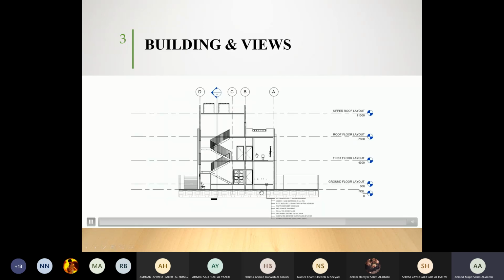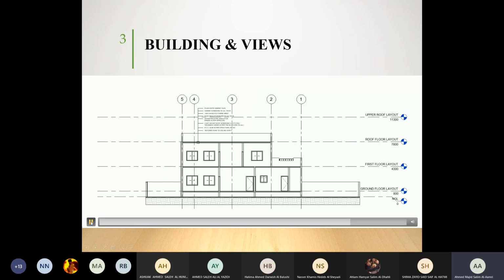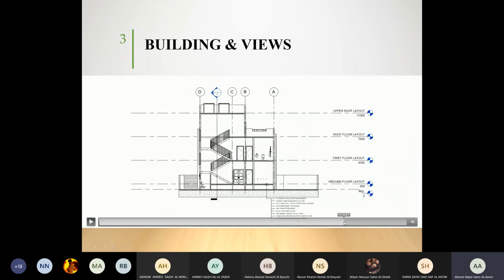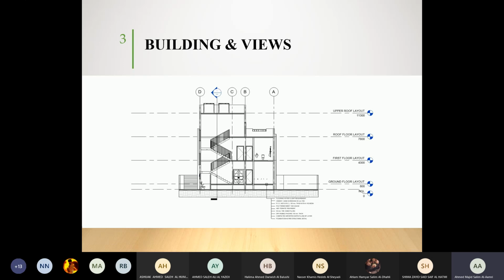So hopefully, this is a good example of a section. You can see that we have cut the building from the middle, where you can see your staircase and the other elements. Okay, so it's very important for you to understand the meaning of 3D and the meaning of plan. Plan is seeing the building from the top.